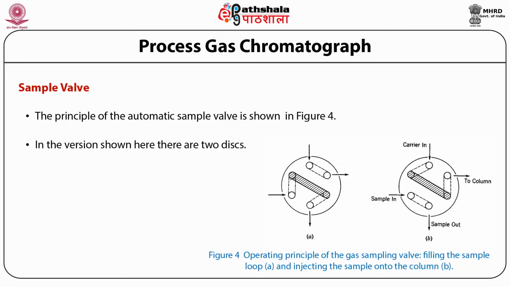As shown in figure 4, it has three channels cut into its surface that link together the inlet, outlet, and sample tubes. In position A, the flowing sample fills the sample loop. In position B, the lower disc has been rotated by 60 degrees, thereby interchanging the tubing connections and introducing the sample trapped in the loop into the carrier gas line.